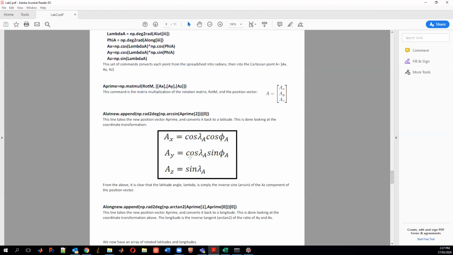The cosine lambda A will divide through to be 1. On the left-hand side, we get AY divided by AX equals sine over cosine of this angle, and sine over cosine is the tangent. So to get this angle, we take the arc tangent of AY over AX.